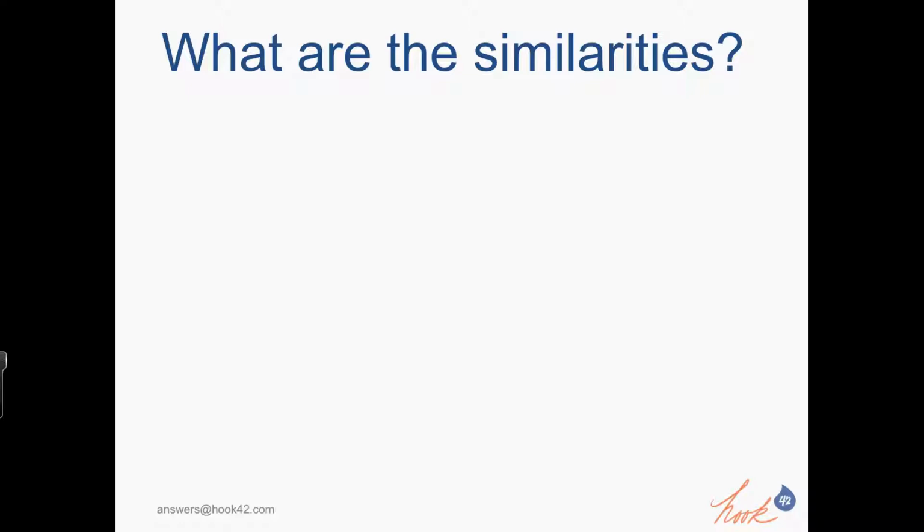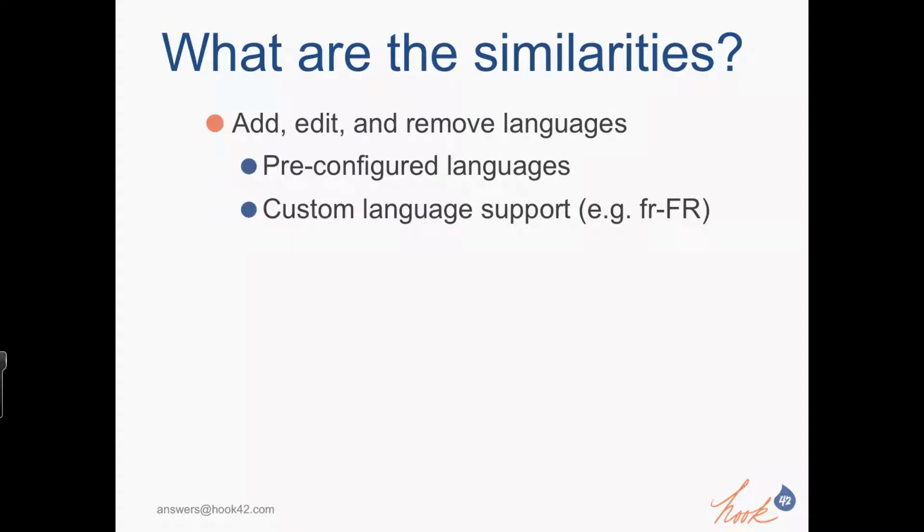And so what are the similarities in language between Drupal 7 and Drupal 8? First of all, you can add, edit, and remove languages, right? You get pre-configured languages, and then you also have custom language support. You can make your own French France, or you can make your own Klingon type of thing.